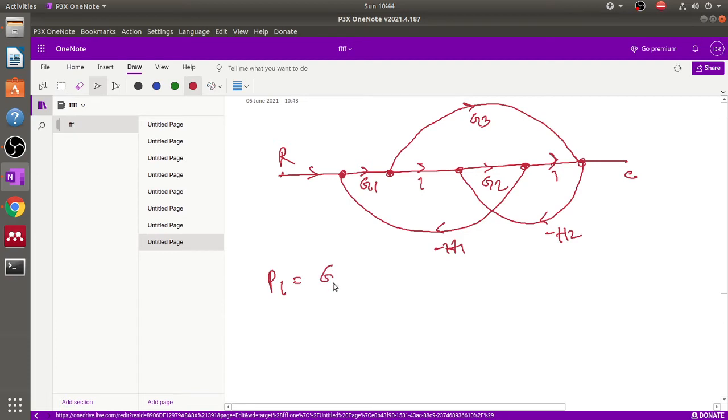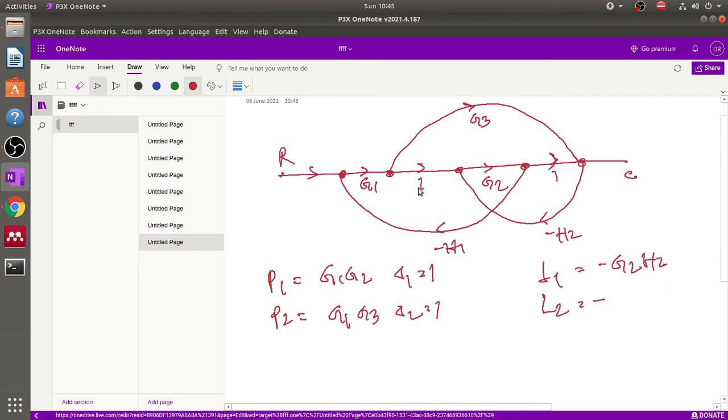Okay, so now first forward path P1 is G1 into G2, and there is no non-touching loop, so delta 1 is 1. What is the value of P2? This is P2, that is G1 into G3, again delta 2 equals 1. Now L1 is minus G2 into H2, and for L2, for this loop, minus G1 G2 into H1.